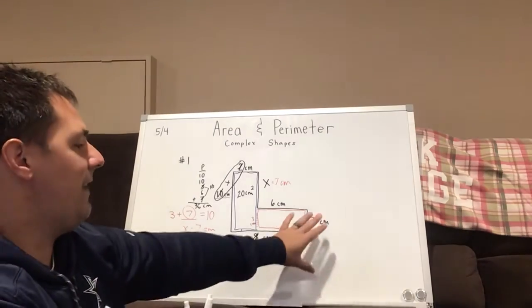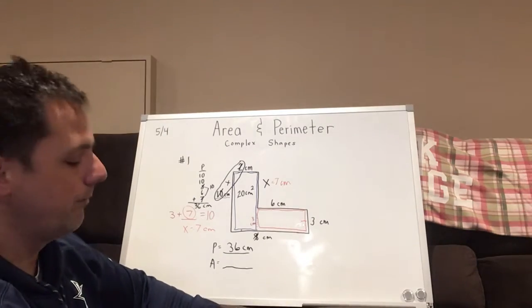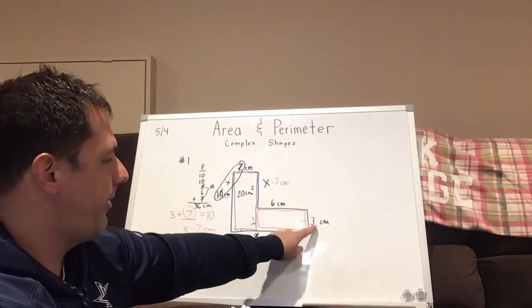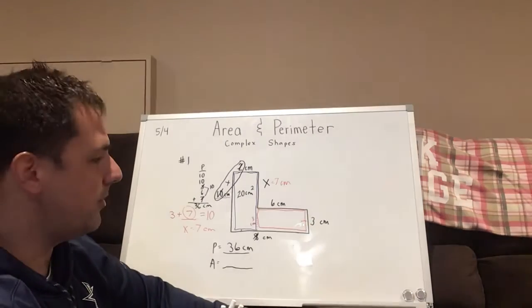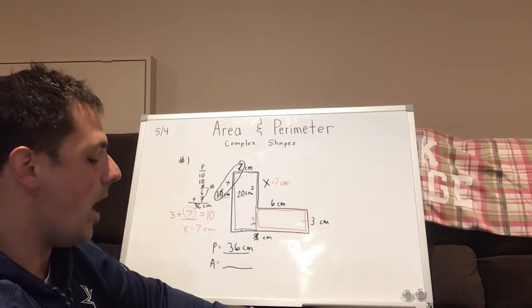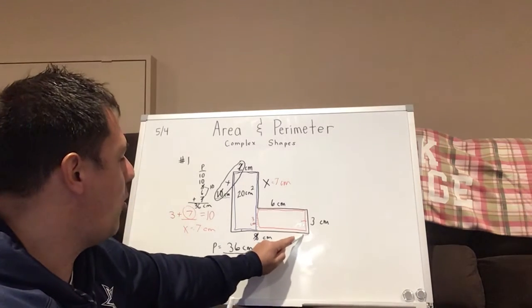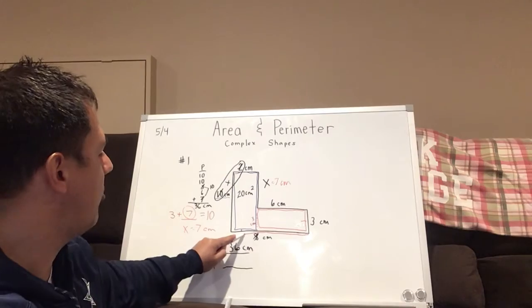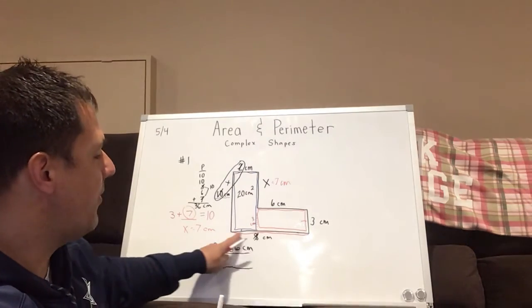Now, I have to figure out my red area. And you have to be really careful here. A lot of kiddos want to circle the 3 and the 8 and multiply them together. And it looks right, but it's not. And here's why. This whole side at the bottom, the whole line going the whole way across, is 8 centimeters. We're not taking the whole line, though.